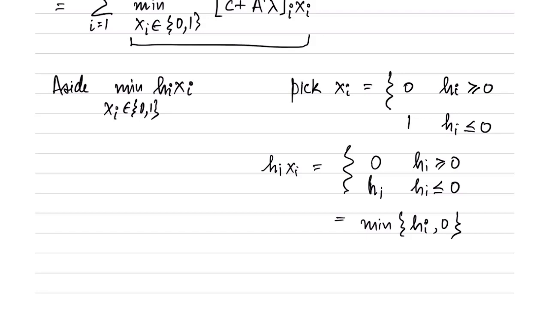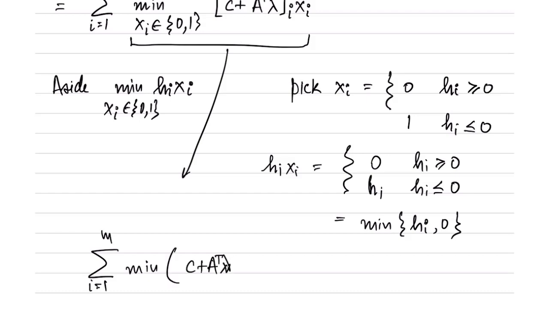So therefore, applying this formula here, we will get this term as summation over i equal to 1 to m of minimum of (c plus A transpose lambda)_i comma 0. So the minimum of these two is what we are getting.